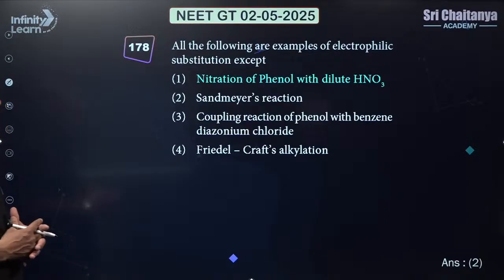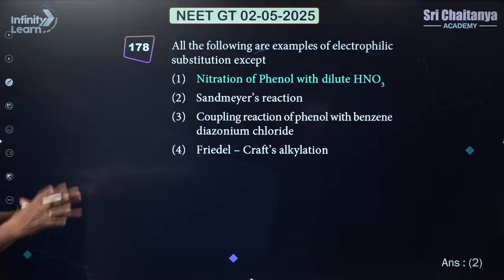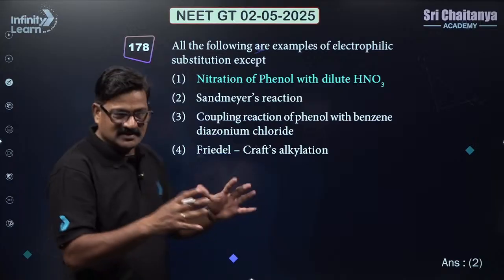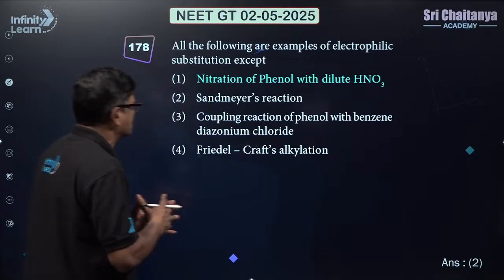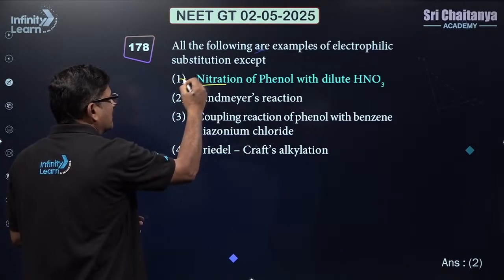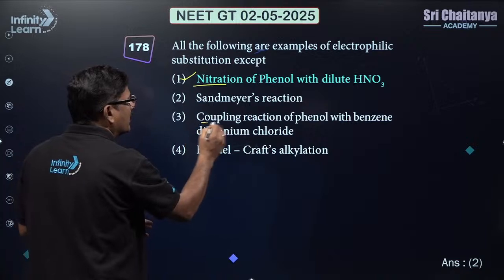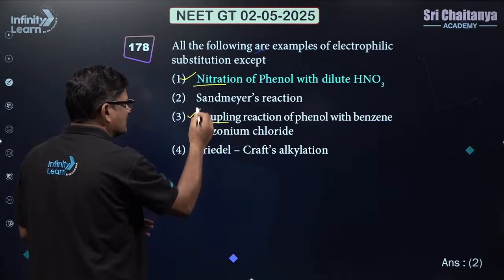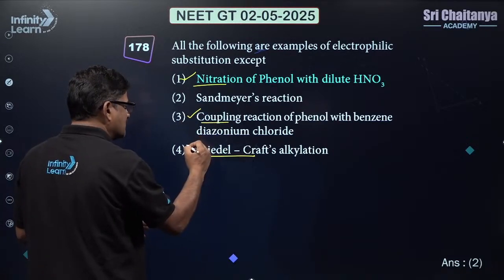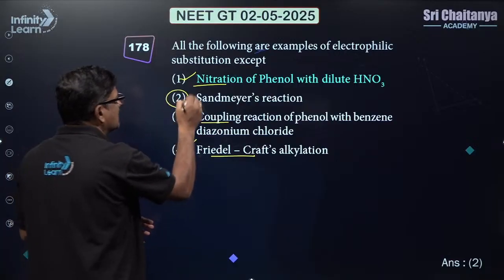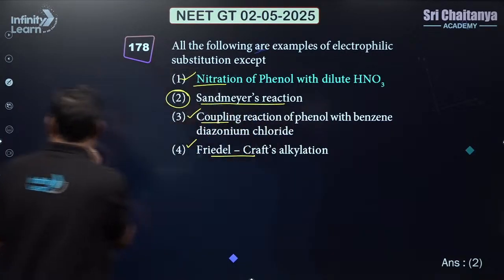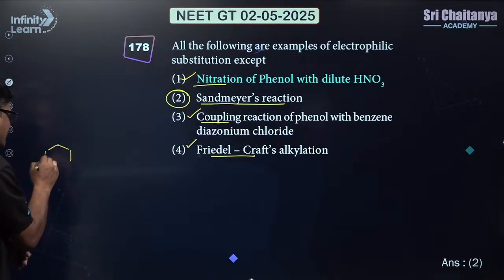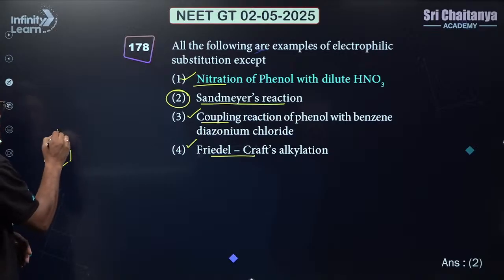Among the following, examples of electrophilic substitution. Benzene participates in electrophilic substitution reactions. Nitration is an electrophilic substitution. Coupling reaction is also electrophilic substitution. Friedel-Crafts reaction is also electrophilic substitution. Sandmeyer reaction, what is the Sandmeyer reaction? This is your Sandmeyer reaction.